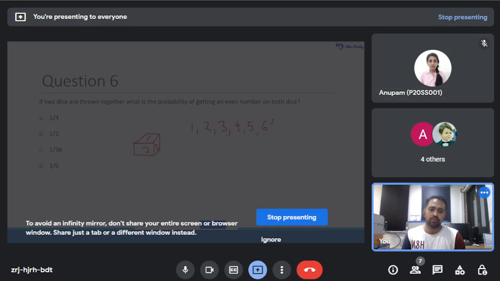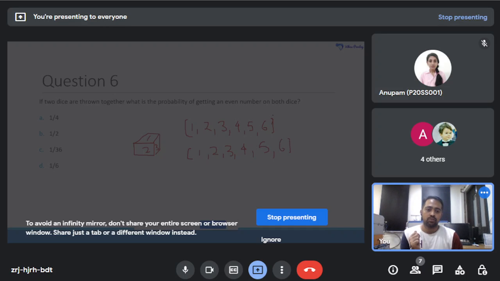So these are the possible outcomes on the die. If you throw the die, either 1 can come, 2 can come, or 3, 4, 5, 6. Similarly, there is another die which again will have 1, 2, 3, 4, 5, and 6.